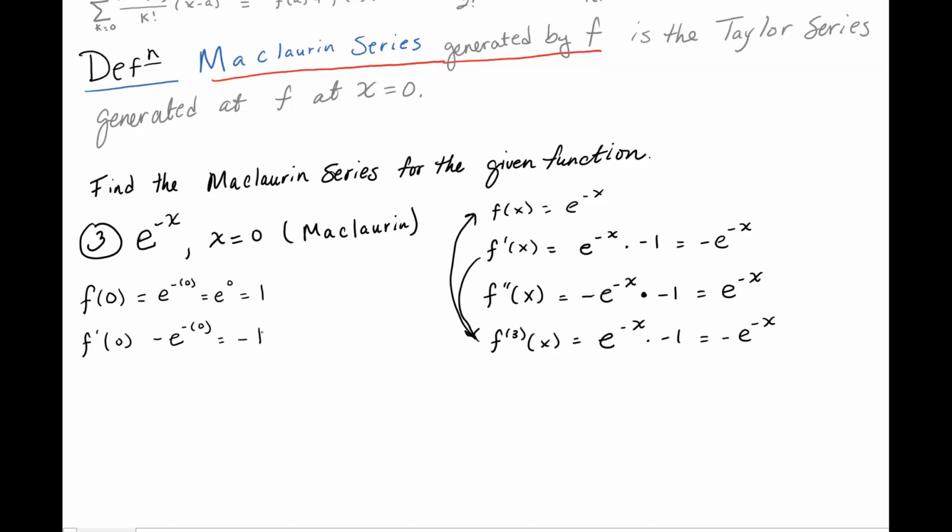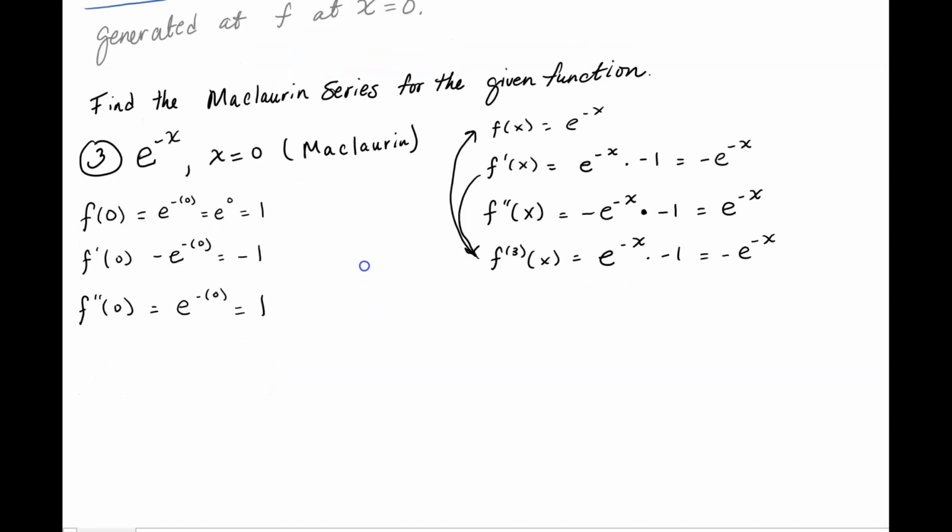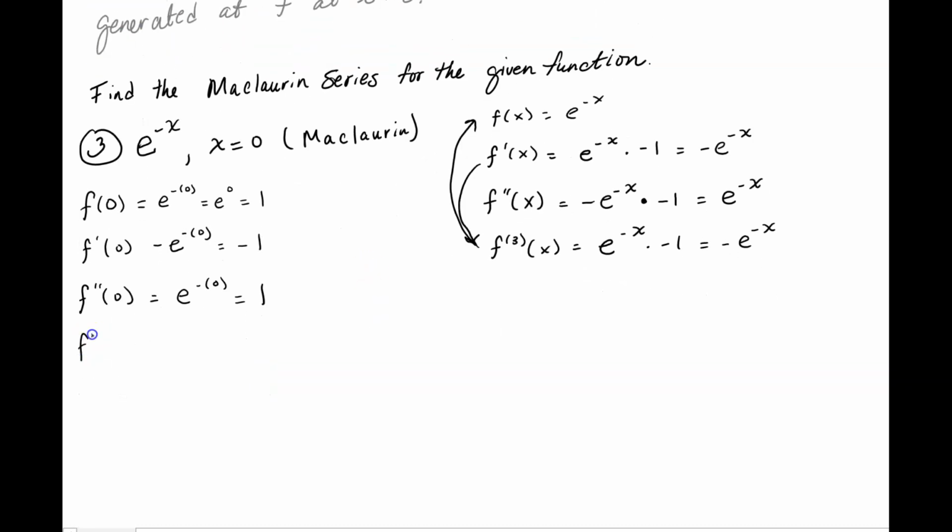Now f double prime of 0 is going to be e to the negative of 0, which is just 1. And then f triple prime, the third order derivative, is going to be a negative e to the negative of 0, which is a negative 1. So you should start seeing that it's alternating here. It's kind of an alternating series, if you will.